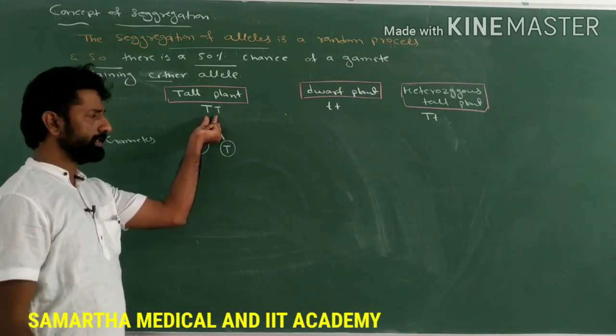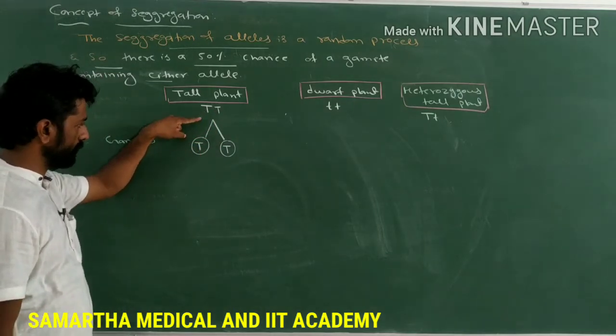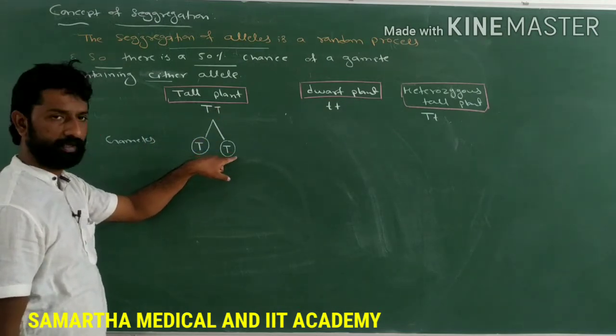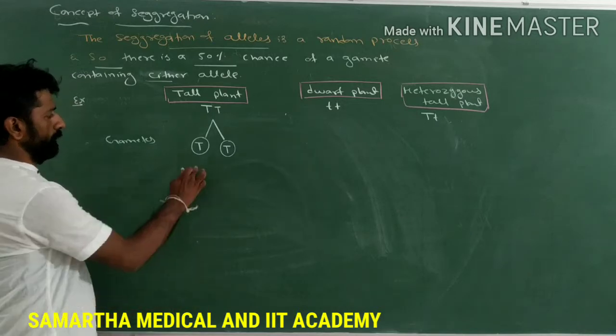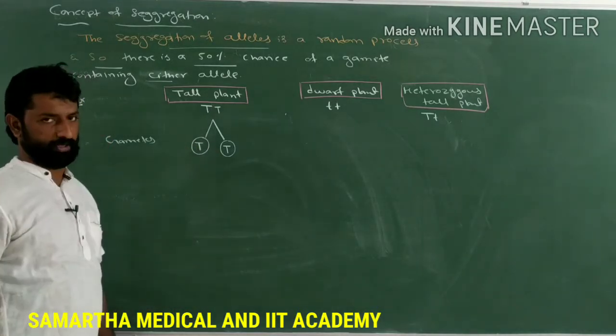Remember, during segregation the gamete will receive only one of the allelic pair. So only one T is received by this gamete and one T is received by the other gamete. How many gametes are produced? 2 gametes are produced, and both are identical to each other.